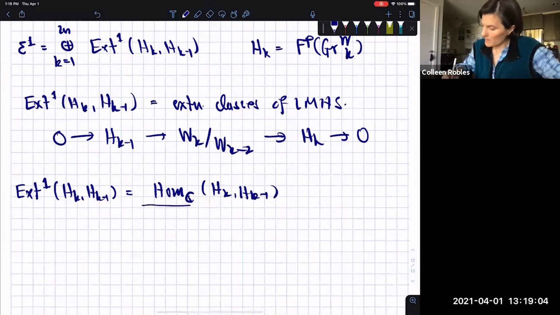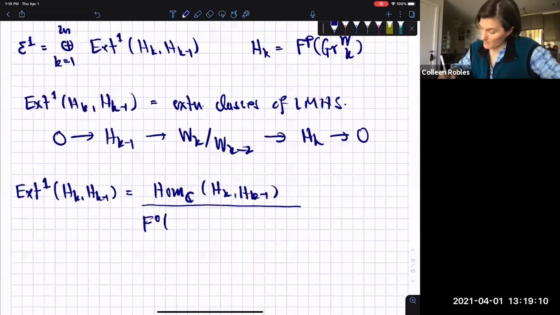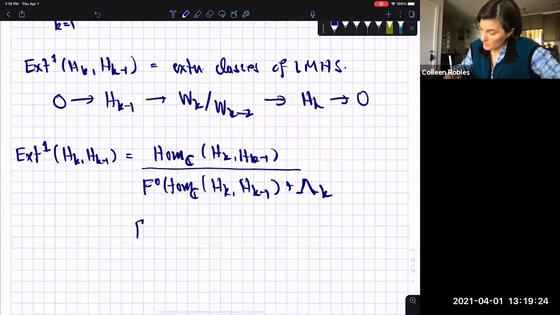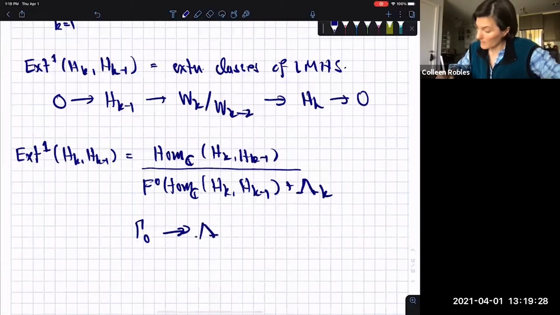Okay, minus 1. So there's the complex linear space, and then we quotient out by F naught of, again, Hom C. And then quotient out by a discrete part. And this discrete part is a surjective image of the monodromy along the fiber.